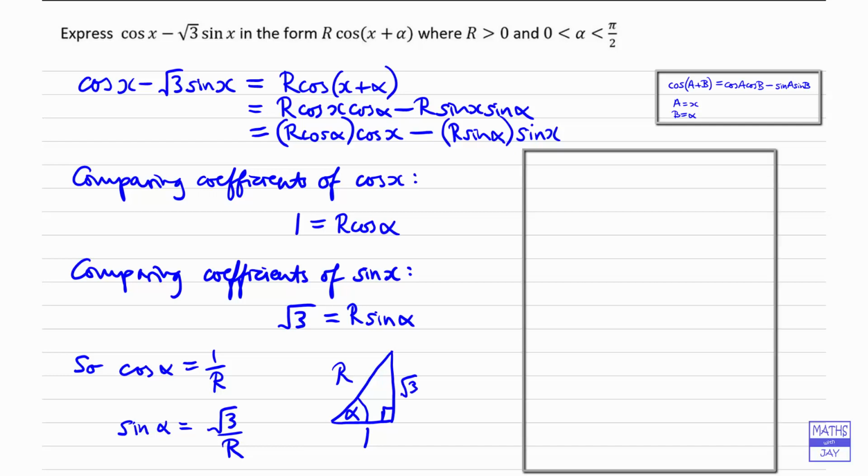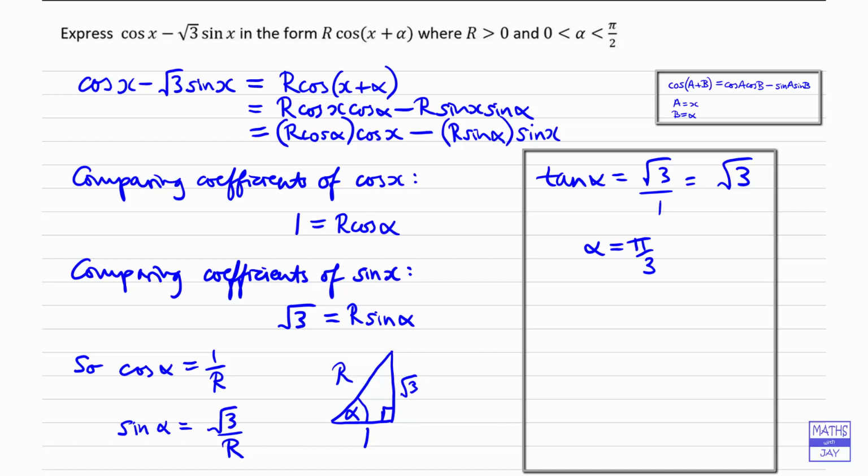Now we can see very easily from that triangle that the tangent of alpha is opposite over adjacent, so that's root 3 over 1, which is root 3. So the inverse tan of root 3 gives us that alpha is pi by 3.